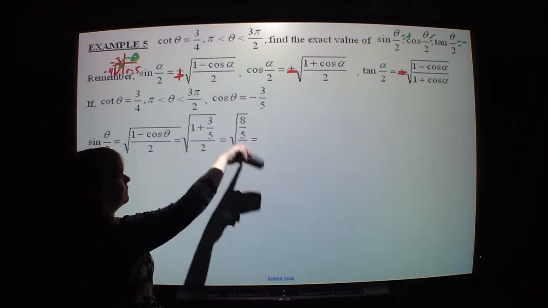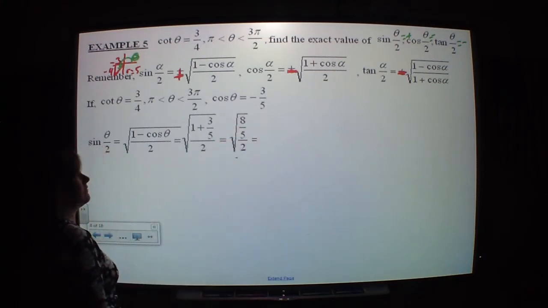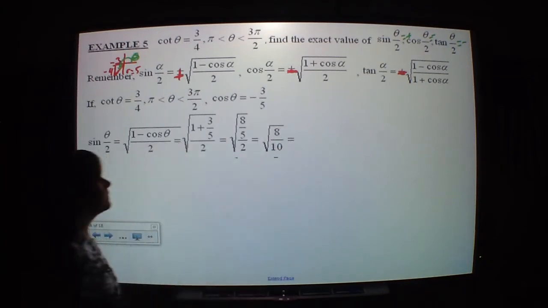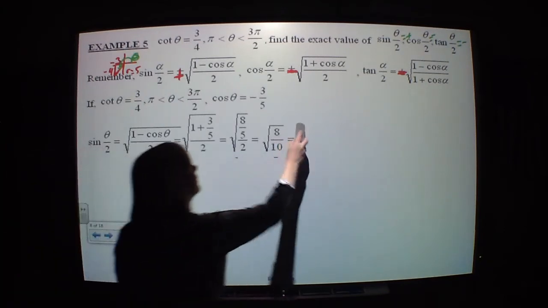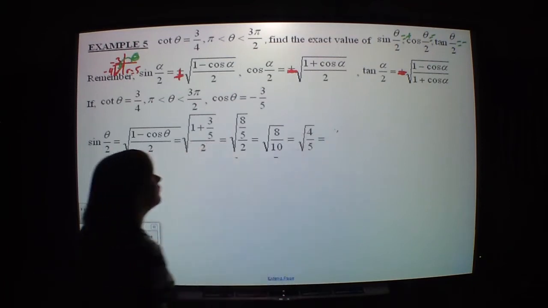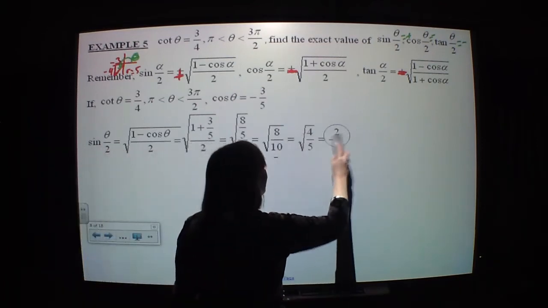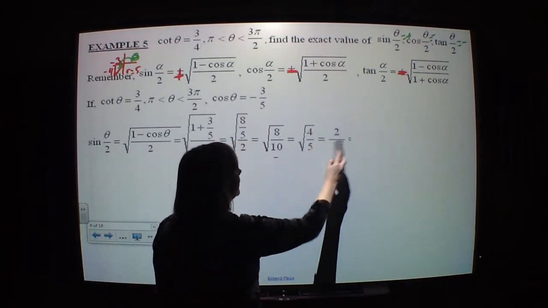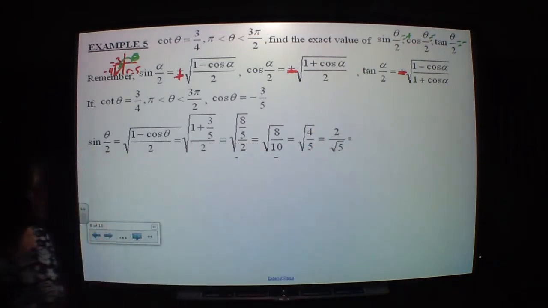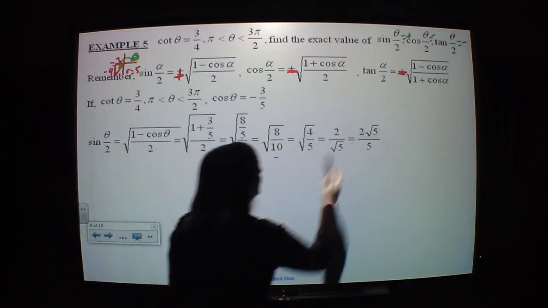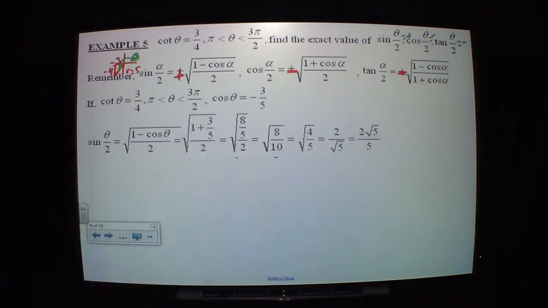Numerator divided by denominator is numerator times the reciprocal of the denominator, so it's 8 over 10, or 4 over 5, you can reduce it. Radical 4 is 2, radical 5 is just radical 5, and then get the radical out of the bottom. You have 2 radical 5 over 5, and you're done.